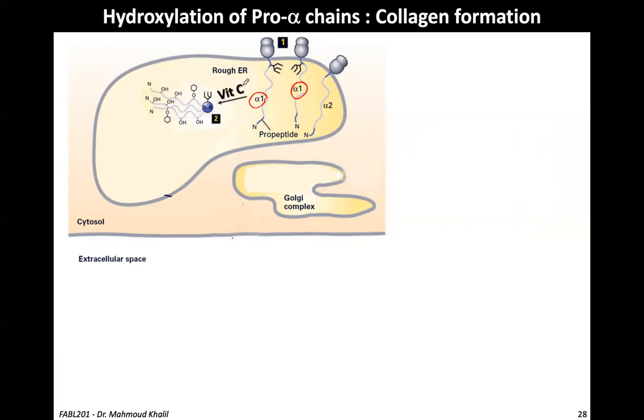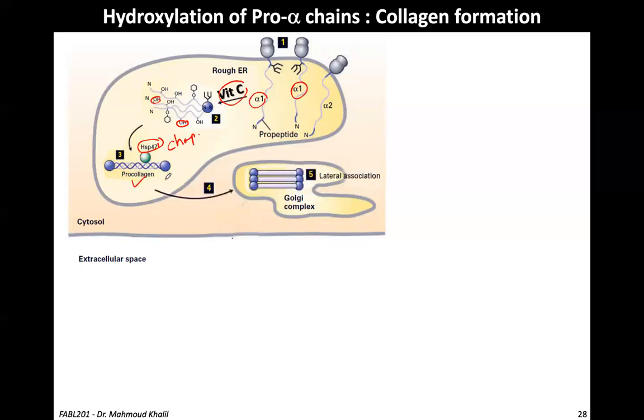Then, by using vitamin C as a cofactor, hydroxylation of the proline amino acids at these chains occurs. And by the help of heat shock protein 47, which is one of the types of chaperones that help in the assembly of the procollagen. Once the procollagen is formed, it is translocated into the Golgi complex in order to do something called lateral association.